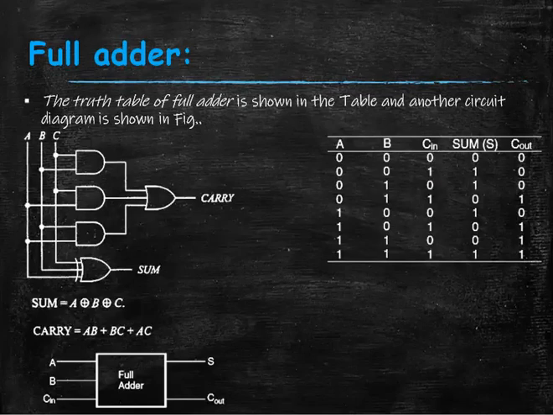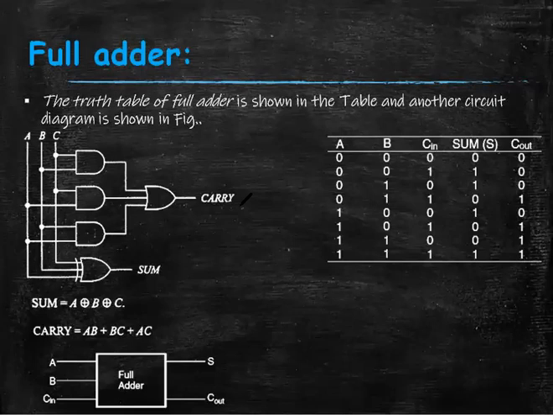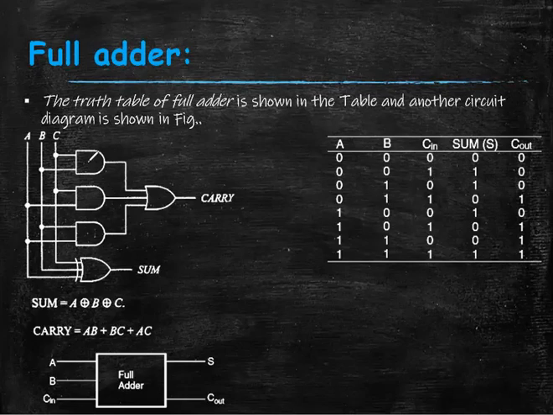Here, look at this one. Here the carry: the first AND gate BC, the second AND gate AC, the third AND gate AB, and the 3 products BC or AC or AB are summed with this one.